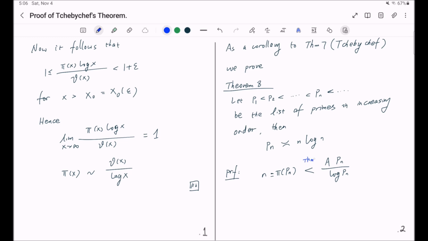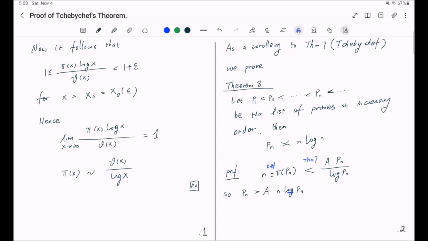So this is by theorem 7, and this is by definition. So p sub n is bounded below by some constant times n times log of p sub n. This a here, remember, as an unspecified constant, is different from the a from before. In this situation, actually, this a is the reciprocal of the a there, but we are going to use the same letter anyway.